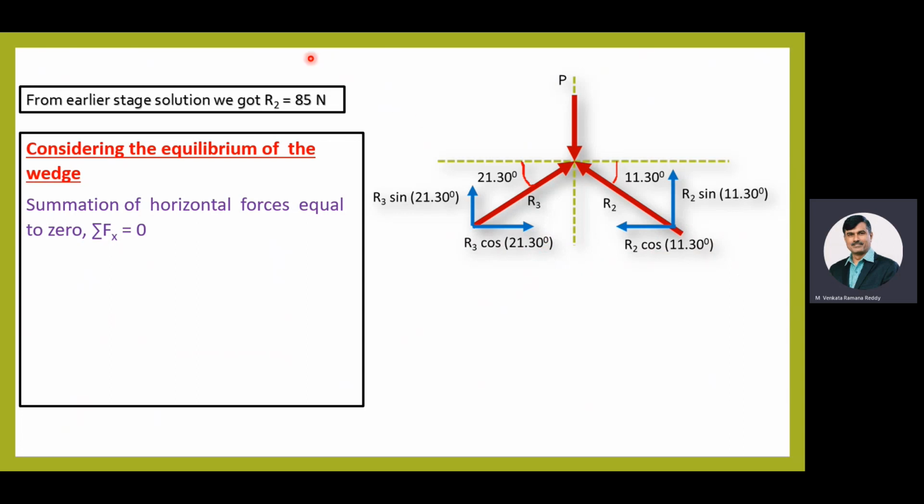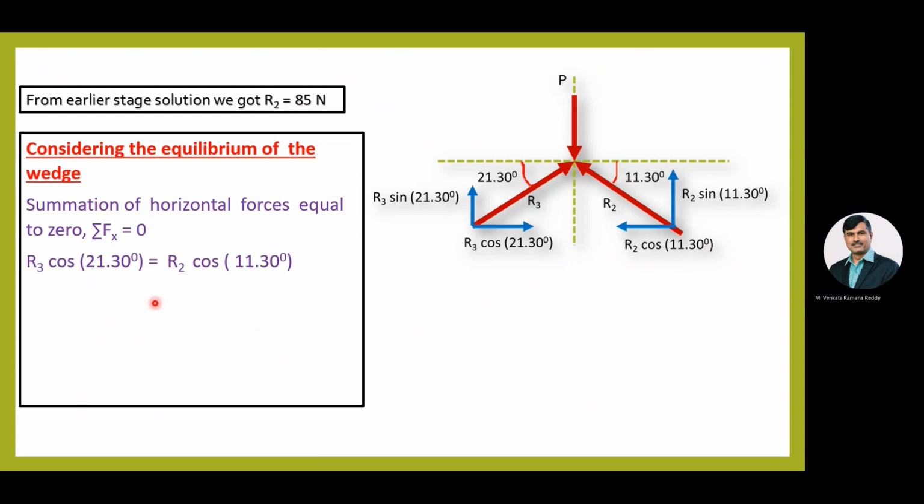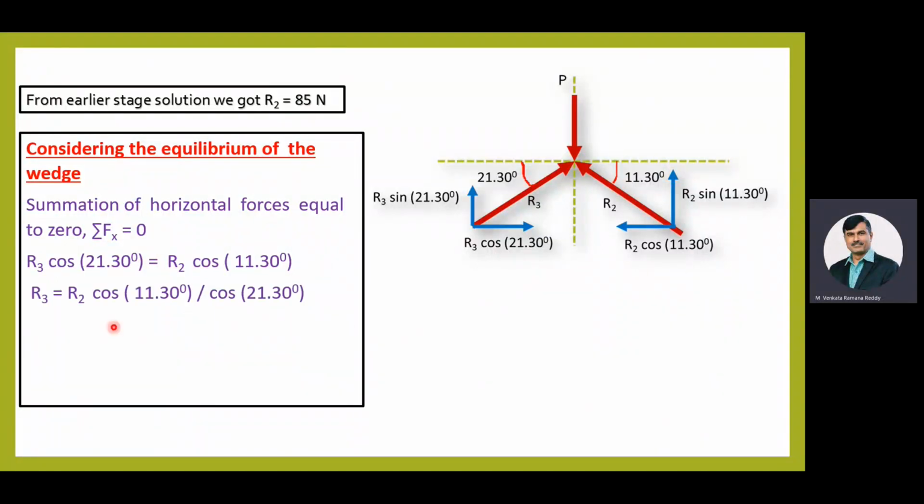Here from the earlier iteration we found that R2 is equal to 85 Newton. Then substitute R2 is equal to 85 Newton in this equation. Then R3 is equal to R2 into cos 11.30 degrees by cos 21.30 degrees, that is, R3 is equal to 85 into cos 11.30 degrees by cos 21.30 degrees.